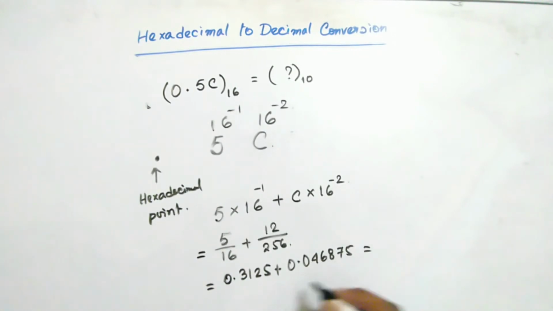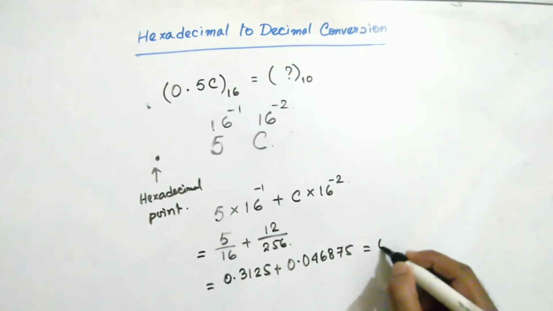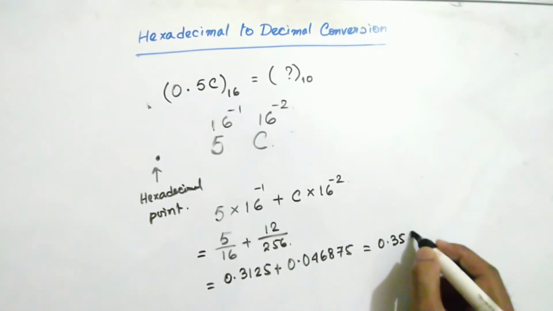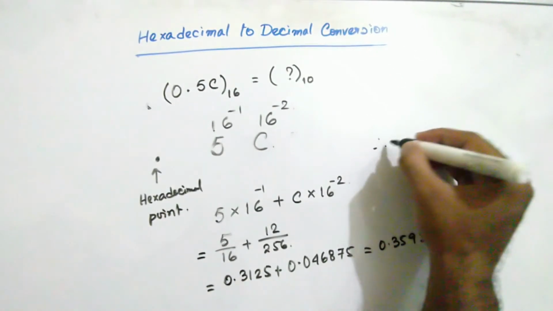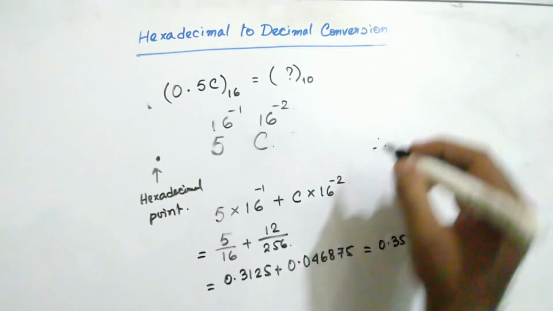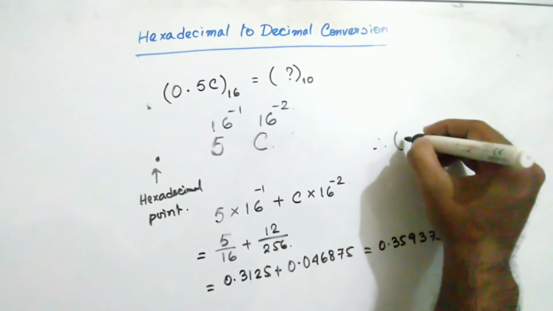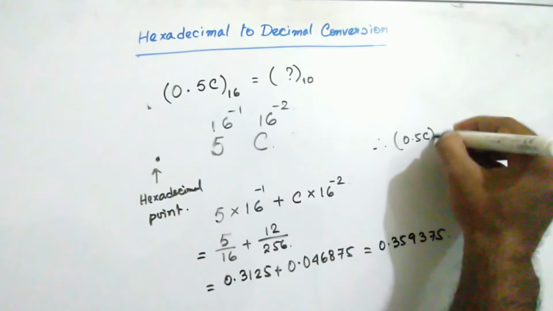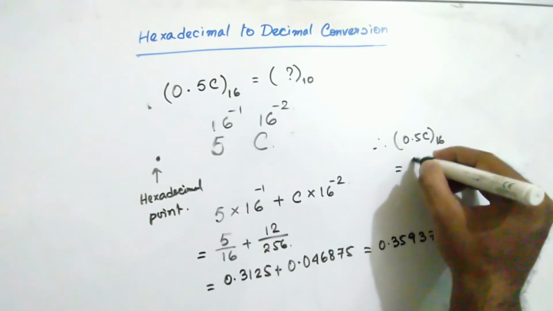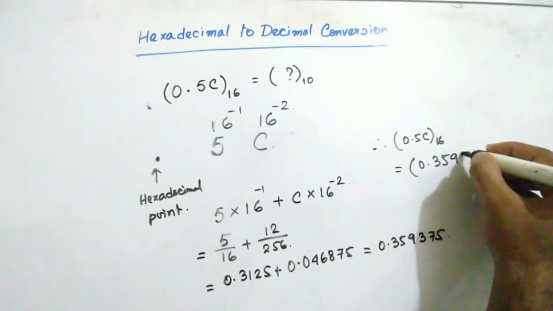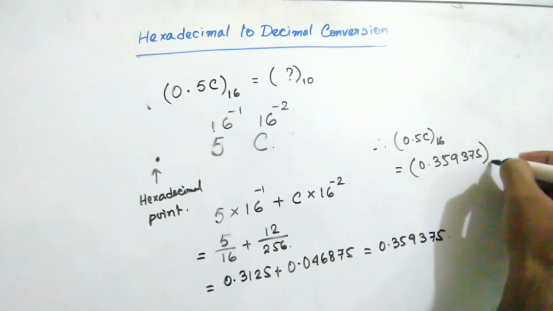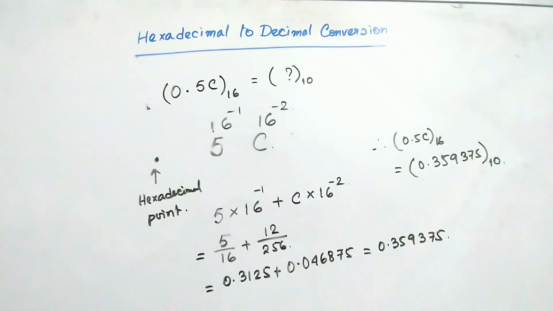Adding these two, we get the result as 0.359375. Therefore, the decimal equivalent of the given hexadecimal number 0.5C is 0.359375. This is our answer.